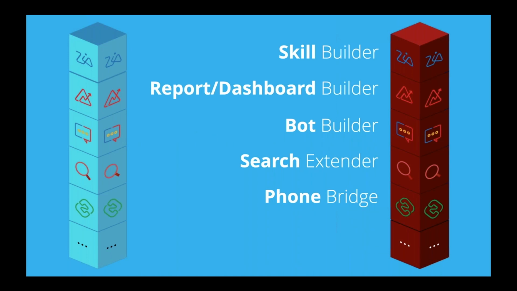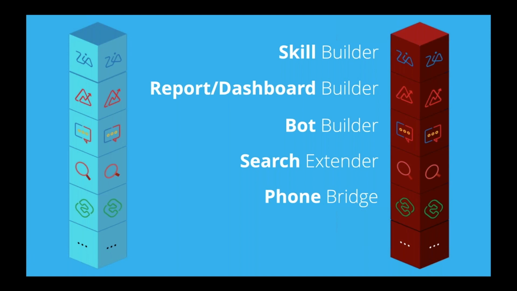With the Zia Intelligent Assistant, we have a Zia Skill Builder, which allows you to do the kind of thing that people do with the Amazon Alexa, where you can install different skills. That's basically all that means. You can build your own skills specifically for your instance of Zia, and then you'll be able to talk to Zia and use them whenever you're chatting with Zia or talking to Zia using Zia Voice.